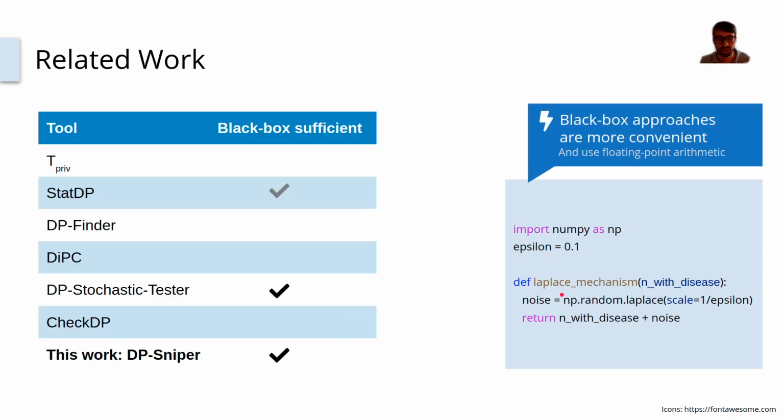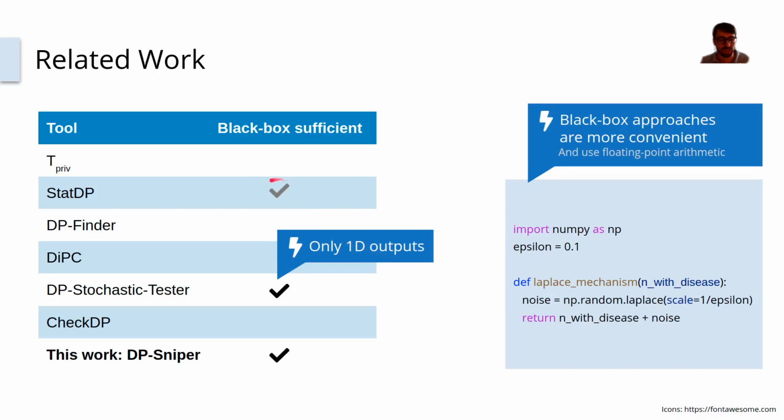Now, if we look into related work, unfortunately for most existing testing tools for differential privacy, a black box approach is insufficient. Only for StatDP, DP stochastic tester, and this work, our black box approaches are sufficient. However, DP stochastic tester only supports one-dimensional outputs, so it's not a great fit in general.